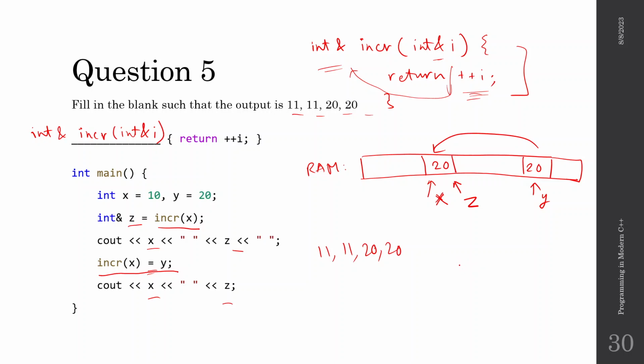Okay, let us see. If we have return i plus plus, we can break it down. First the return i is executed, then we have i equal to i plus 1.